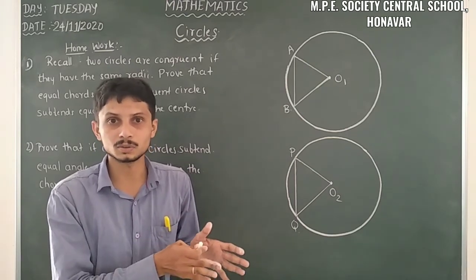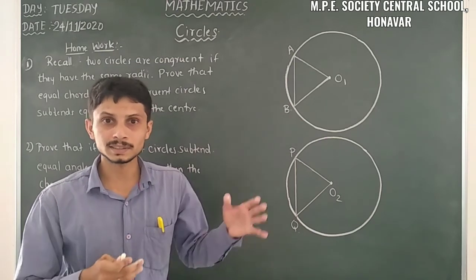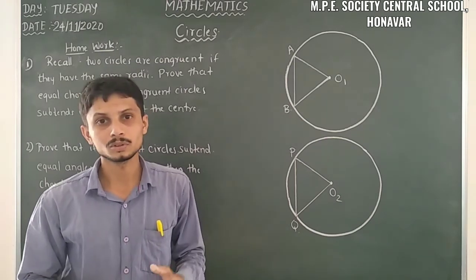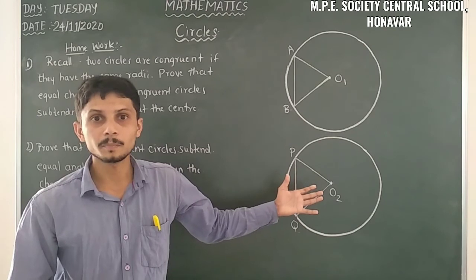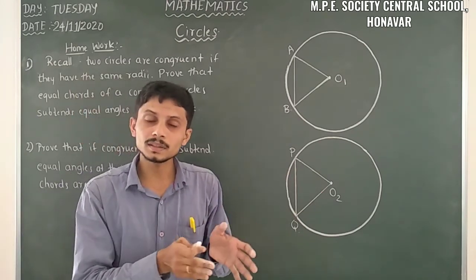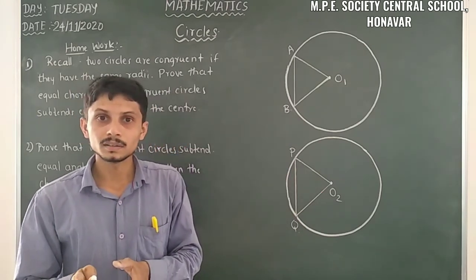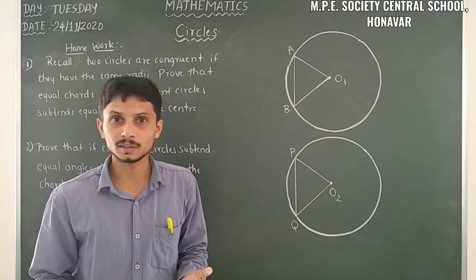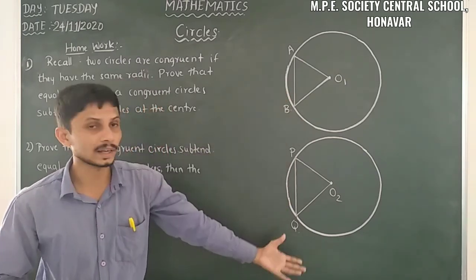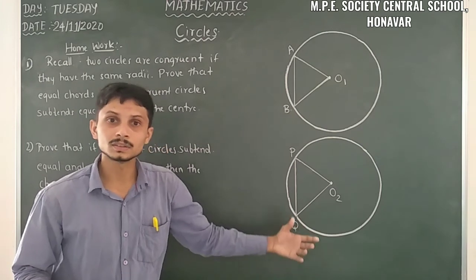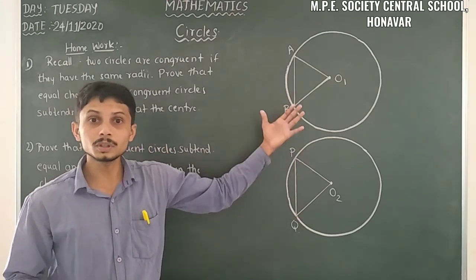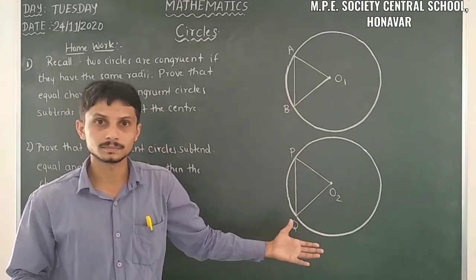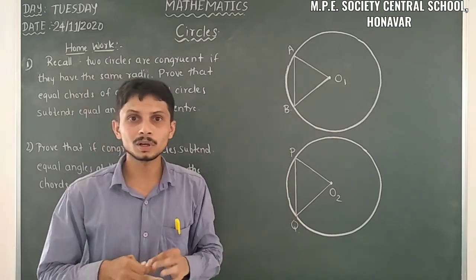These are simple problems, directly connected with the theorems 10.1 and 10.2 we discussed so far in this video. But in those we considered only one circle, whereas here we consider two triangles in two different circles. I hope you understood these things.